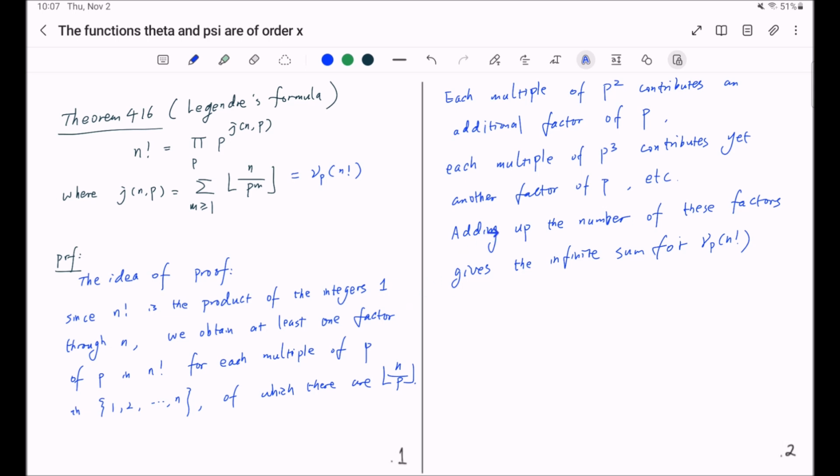To make this proof more rigorous, we're going to write an algorithm, and the algorithm will do the counting for this j of n, p, or nu sub p of n factorial for us. So my proof below will look like an algorithm. However, for those who think this proof is good enough, please feel free to skip to the next section of the video series.